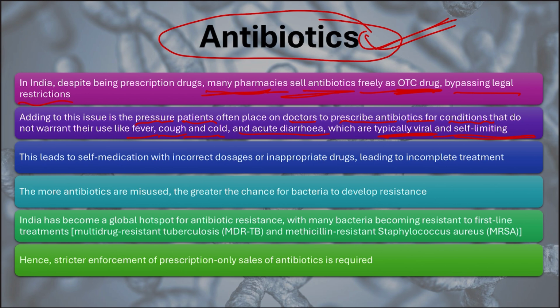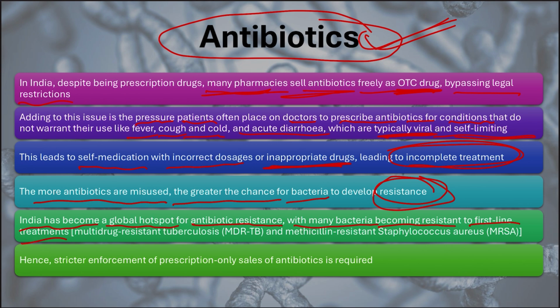So this is one of the reasons why there is increased self-medication of antibiotics, and this leads to self-medication with incorrect dosage and inappropriate drugs, leading to incomplete treatment and also the development of antimicrobial resistance. That is, the more antibiotics are misused, the greater the chance for bacteria to develop resistance. That is the reason why India has become a global hotspot for antibiotic resistance, with many bacteria becoming resistant to first line treatments of several diseases.